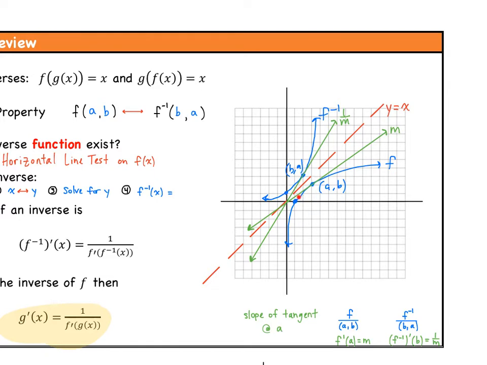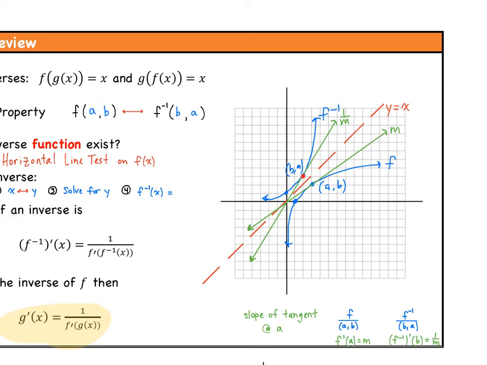So if we have this function f, and it passes through the point (a, b), and let's suppose the slope of my tangent at point a is m. Now remember, inverses are symmetric about the line y equals x, so that's why I threw that in there.